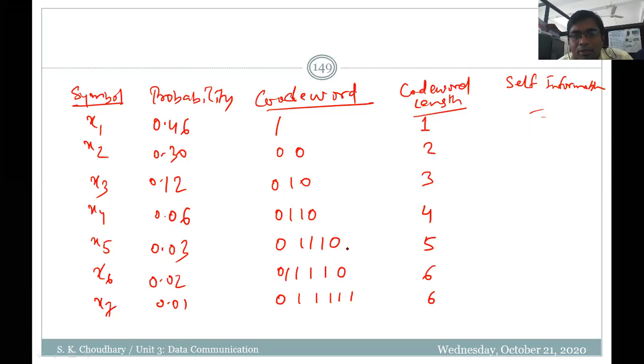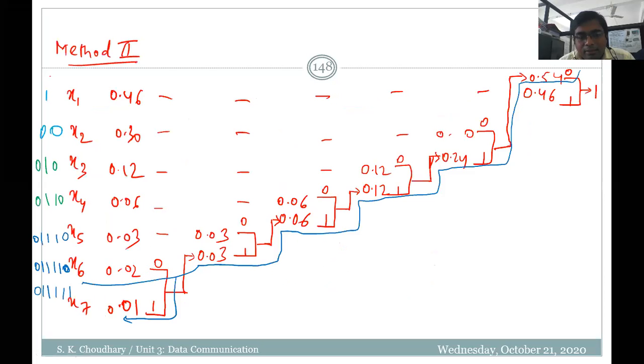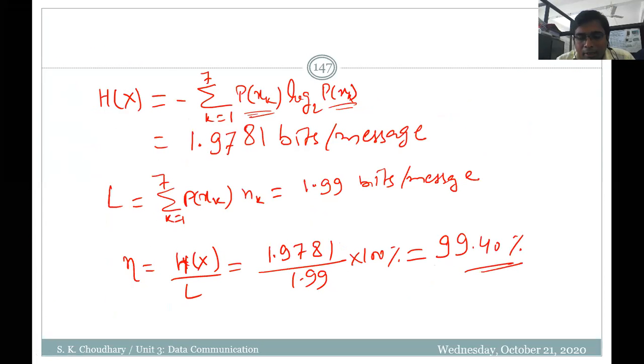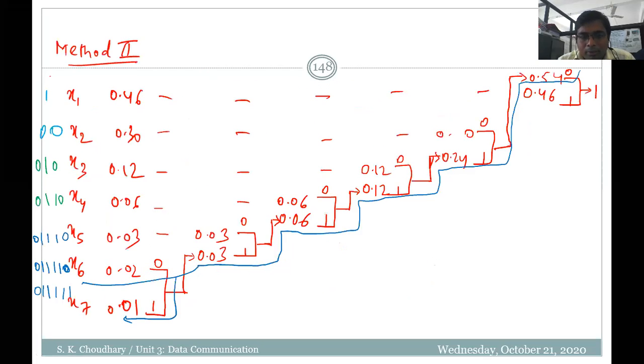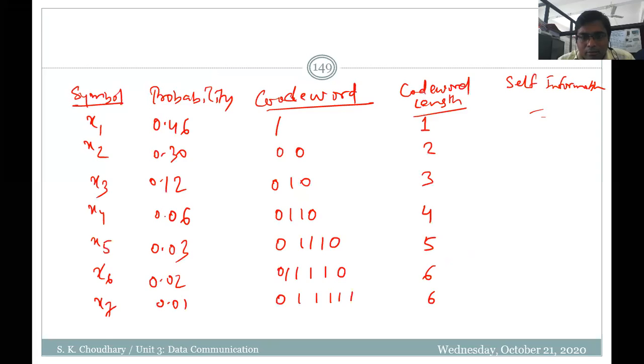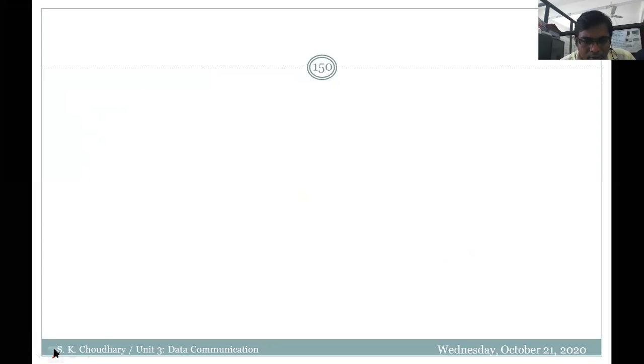Okay, after doing this we have to find out the entropy. Actually we do not need to recalculate entropy; it would be the same as we found in the previous slide, that is 1.9781, because entropy does not change, it has the same formula. So I'm just writing here the value of H(X) equal to 1.9781 bits per message.